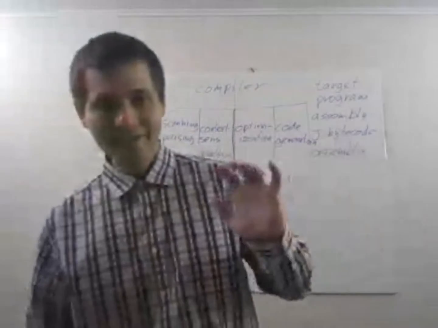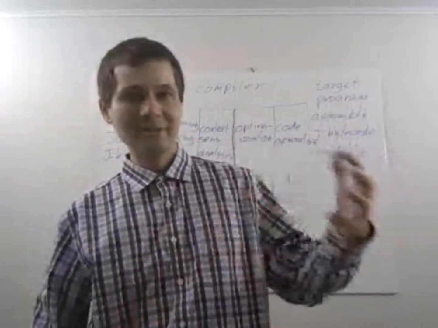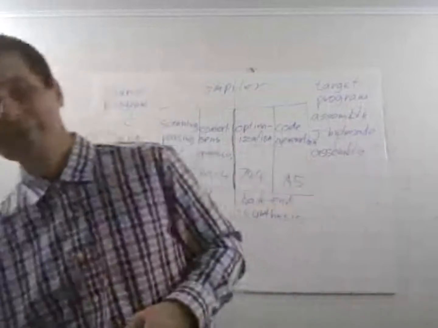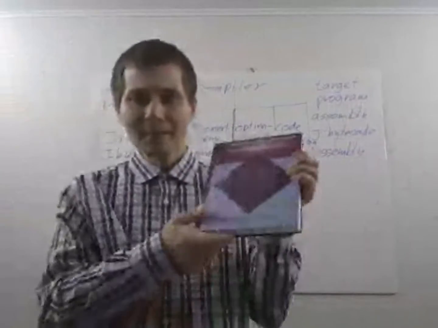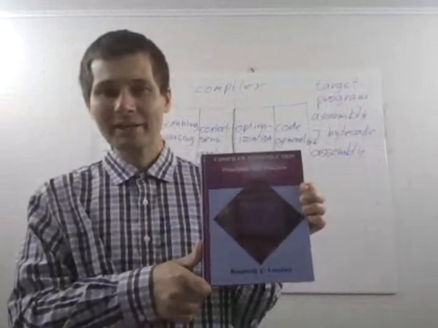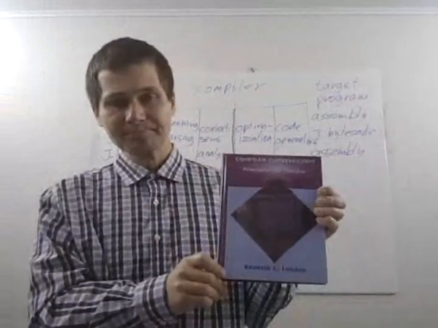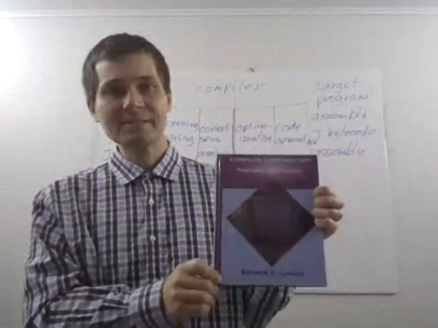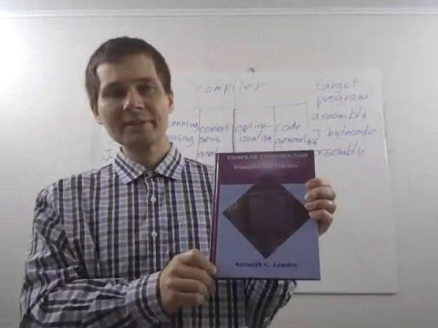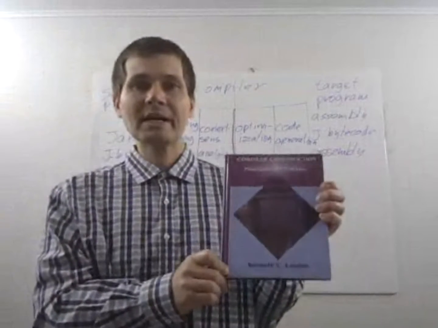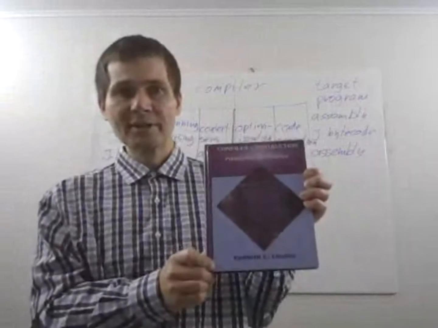Now, I list 4 books here. There are zillions of other compiler books that are all similar in various ways. I have this other one by Ken Louden. The reason I list it here is that one of the theoretically most complicated topics that we're going to look at is LR parsing.